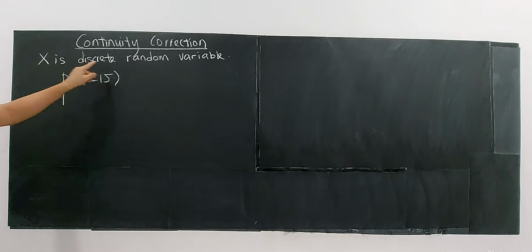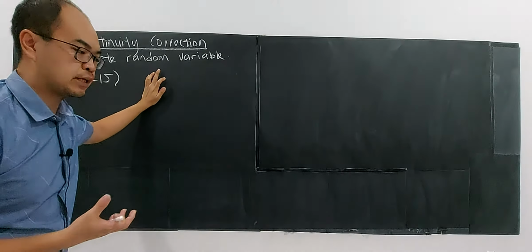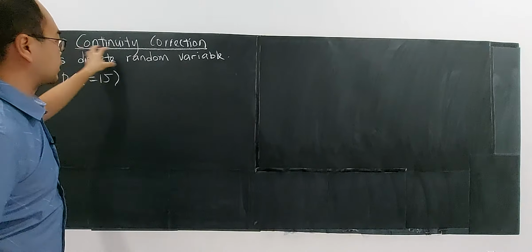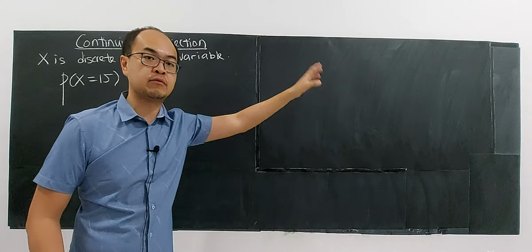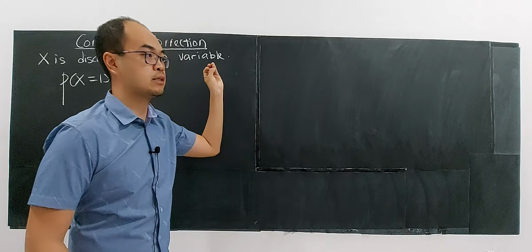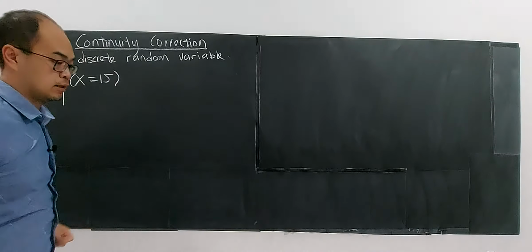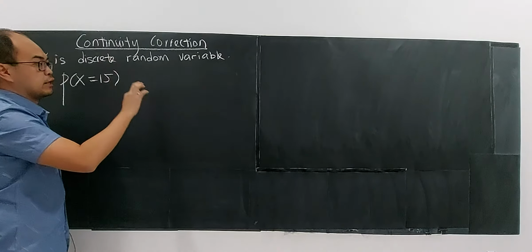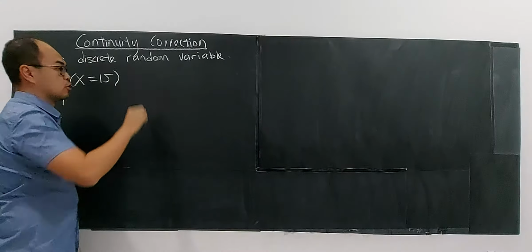If we intend to transform the discrete random variable into a continuous random variable, or we use the continuous distribution to approximate the discrete distribution, we need to do some modification. Now I'll start how to do this. So very simple.